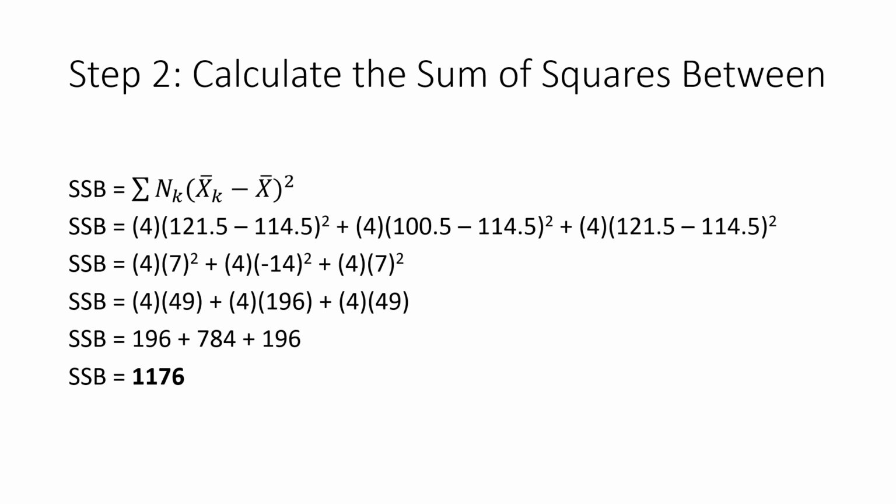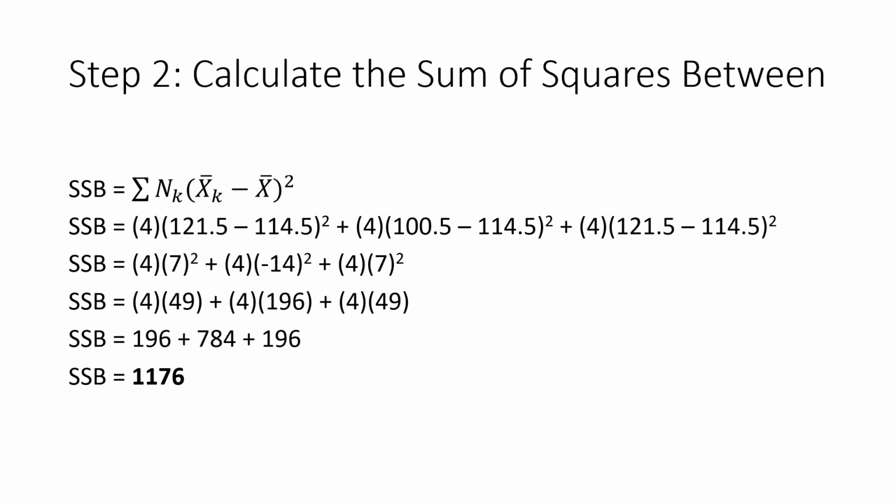You can see this broken down if you follow it step by step. In the second row, we have 4 times 121.5 minus 114.5 squared. The 121.5 is the average IQ for the first group, the individuals who have a preference for classical music.